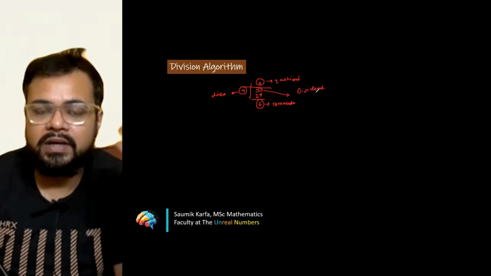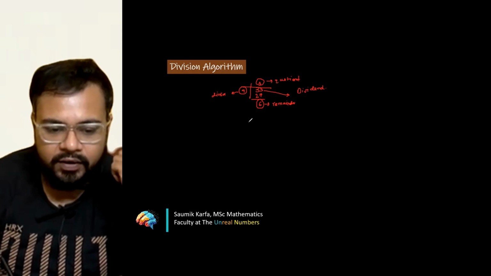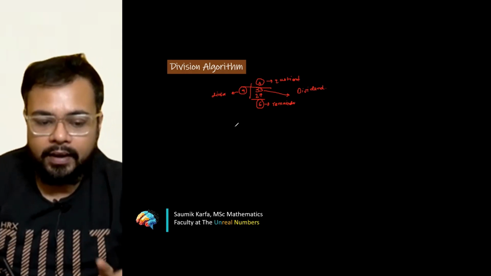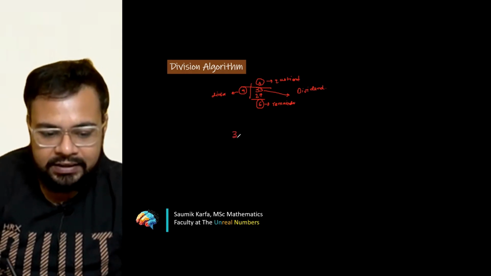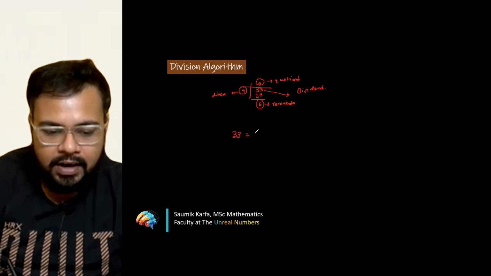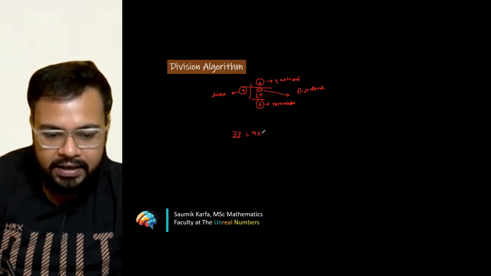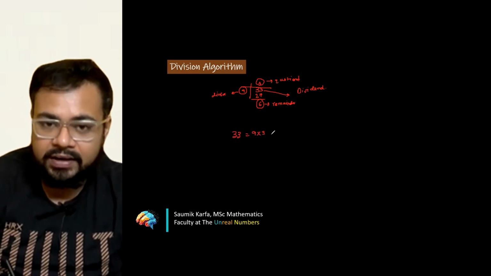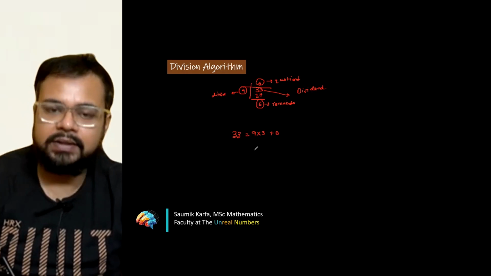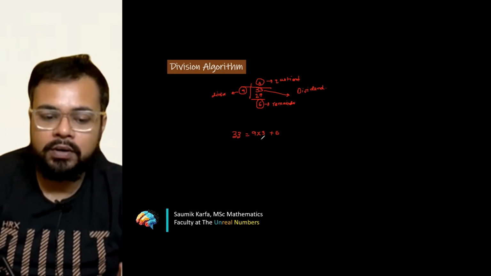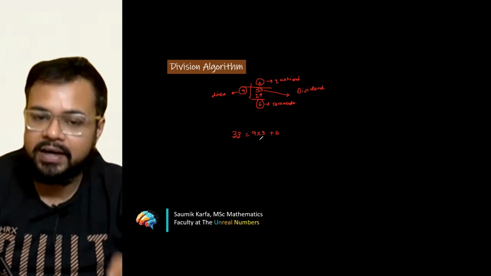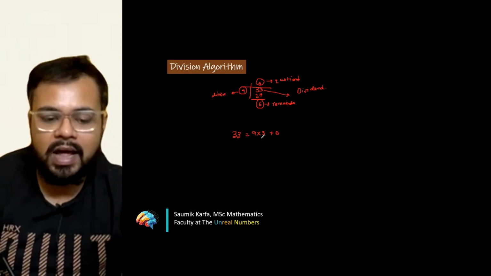The number which we divide is known as the dividend. So we can write this 33 as 9, that is the divisor, multiplied by 3, that is the quotient, plus 6. This is a rule that is followed by this dividend, divisor, remainder, and quotient.